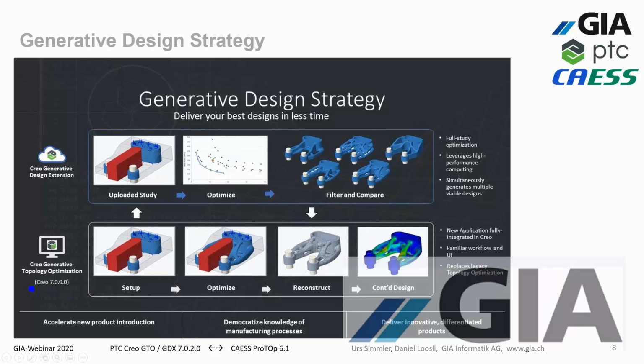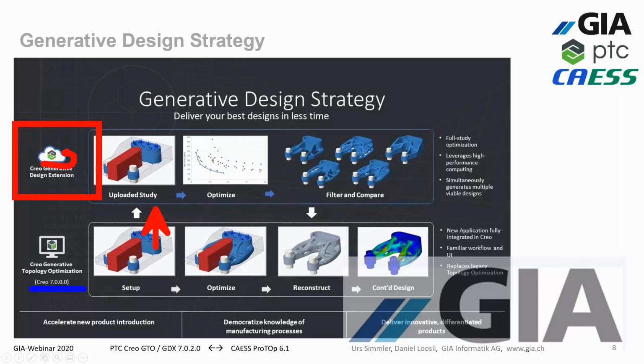So since 7.0.0 we have GTO, which is topology optimization capability with the Frustum technology, and on top of that we can now have the new product called GDX.